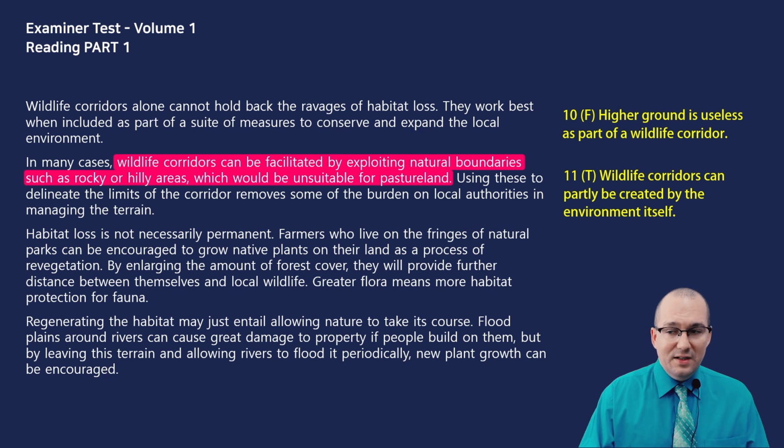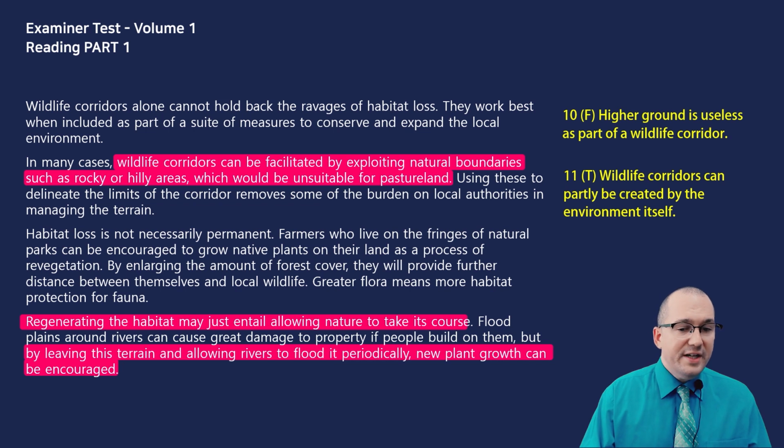And question 11, well, it's true. Wildlife corridors can partly be created by the environment itself. And if we have a look at the answer for this one, it's over this paragraph. So regenerating the habitat may just entail allowing nature to take its course. This expression, allowing nature to take its course, means no interference from people.